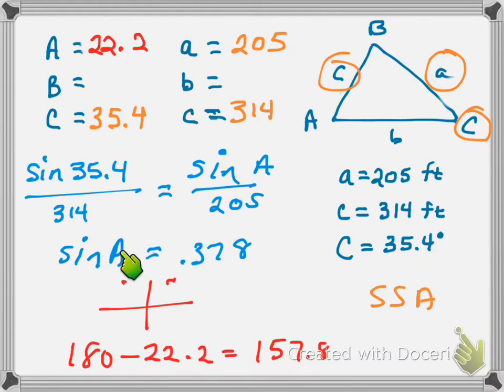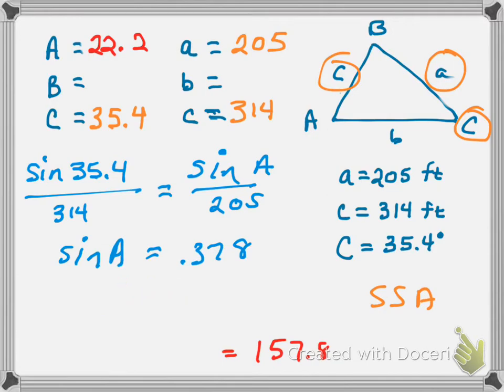Once again, I do the inverse sine of this and get 22.2, so that's an answer for A. I consider the possibility of a second triangle by finding the angle measure from here to here. Knowing that this is 22.2, I take 180 minus 22.2, which is 157.8, and that would be my C value, or my A value in a second triangle, but that's impossible because then these would add up to more than 180, and we can't have that in a triangle. So we don't have to worry about a second triangle, which is nice.